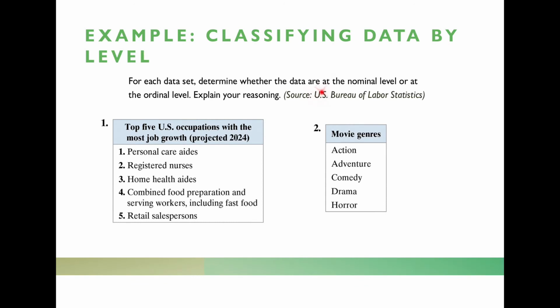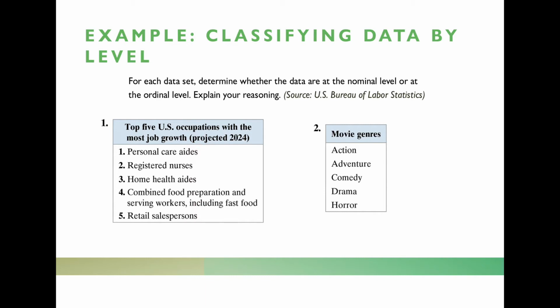So let's decide whether the data we have here is nominal or at the ordinal level. Here we have the top 5 U.S. occupations with the most job growth: personal care aides, registered nurses, home care aides, combined food preparation and serving workers, including fast food, and retail salespersons.